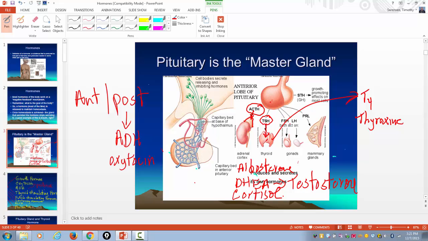Follicle stimulating hormone and luteinizing hormone are released in response to reproductive things. For example, follicle stimulating hormone in women helps mature an egg, a follicle. Luteinizing hormone tells you to release the egg, to ovulate.